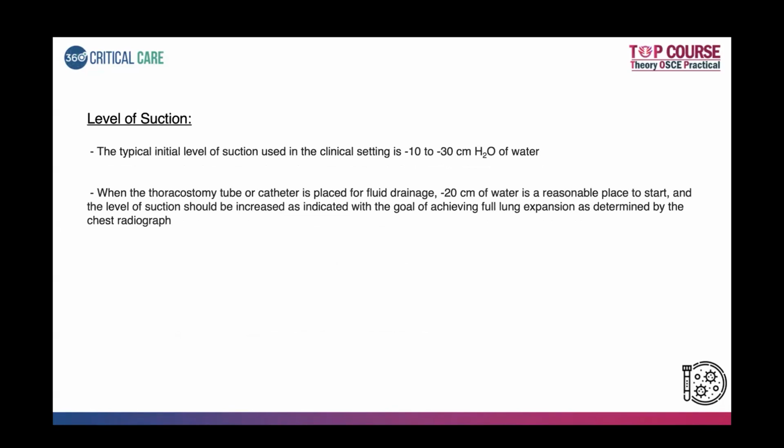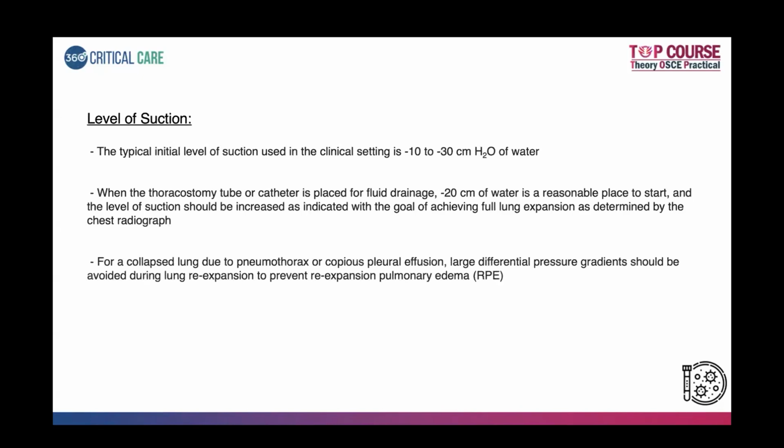Many a time we just connect the patient's ICD to negative pressure suction and leave it for days without any manipulations, but that is not the right practice. The ideal thing is to assess the clinical scenario and the radiological clearance of fluid or air, and then accordingly take a call whether to continue on suction or not.